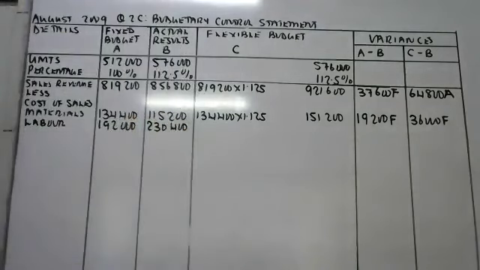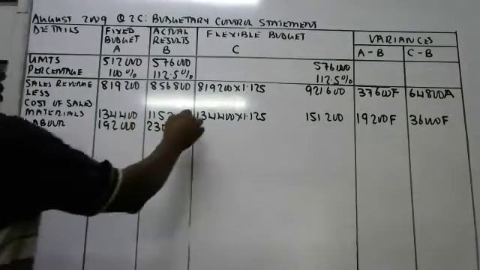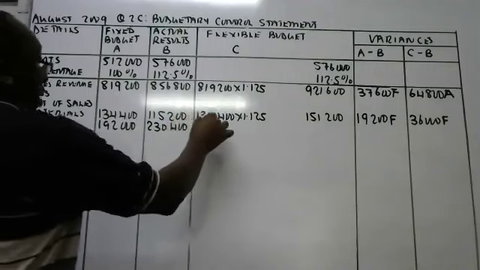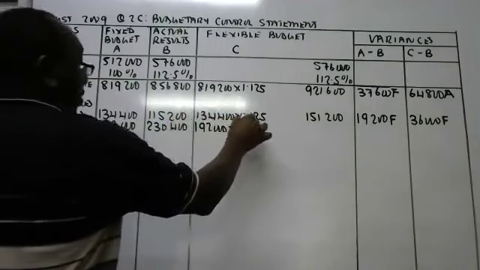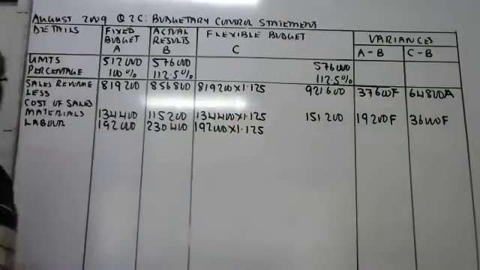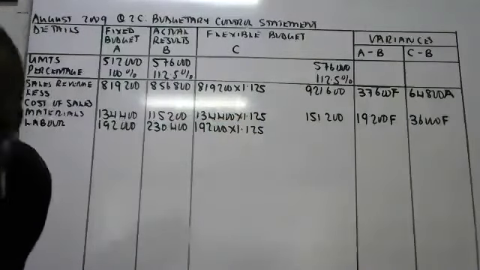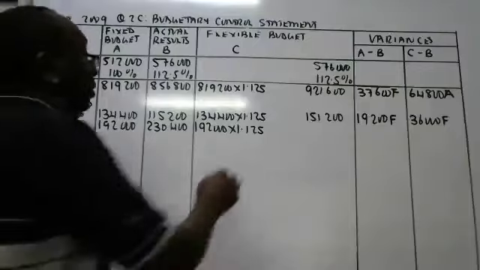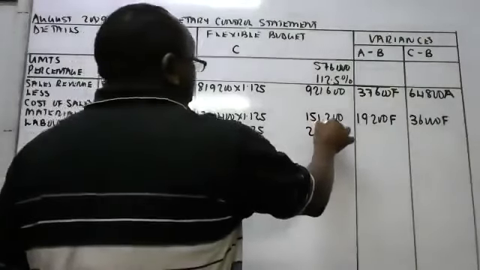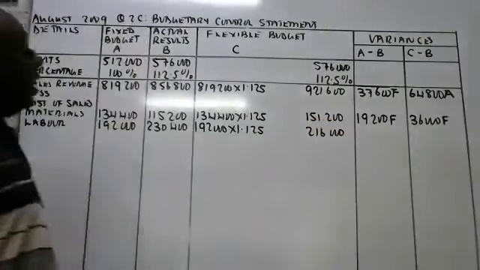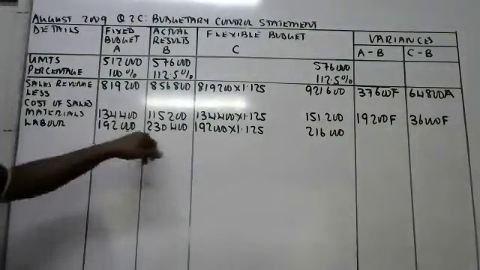Is labor a variable cost in this case? So then we take 192,000 multiplied by 1.125, which is 216,000. Then give me the difference, this and this.